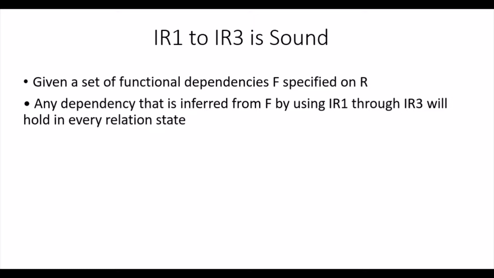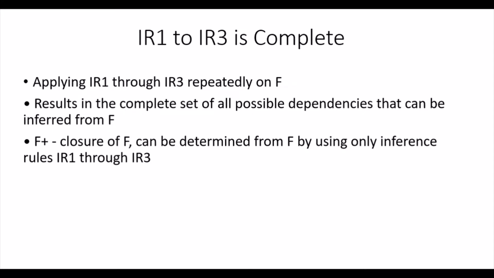You can also say that IR1 to IR3 is complete. That is, applying IR1 through IR3 repeatedly on F results in the complete set of all possible dependencies that can be inferred from F. So you will get F closure.